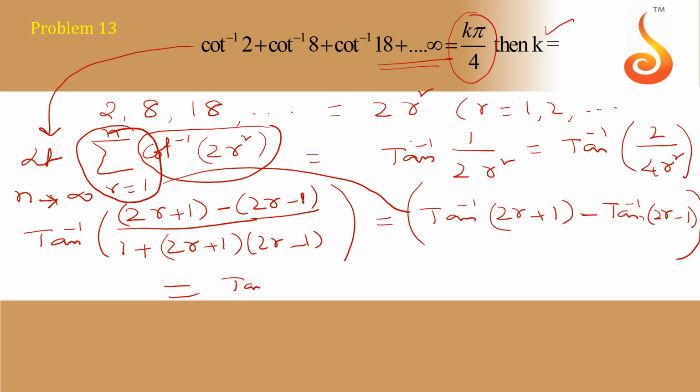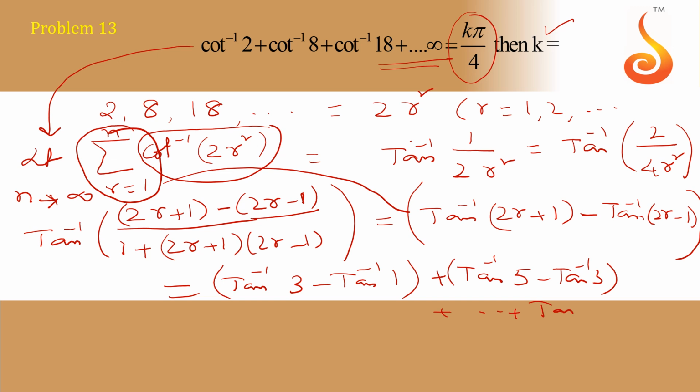It will be tan inverse 3 minus tan inverse 1, plus tan inverse 5 minus tan inverse 3, plus so on, tan inverse 2n plus 1 minus tan inverse 2n minus 1. Now there is a telescopic cancellation. So the leftover are tan inverse 2n plus 1 minus tan inverse 1.